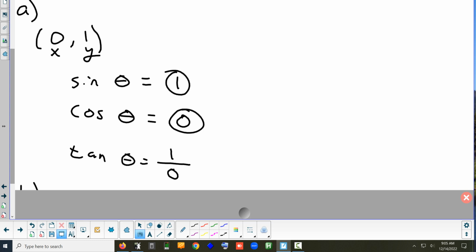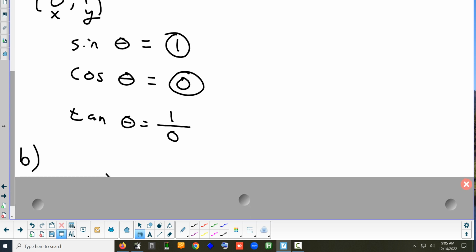Okay. And what is 1 divided by 0? Not a number, infinity. It's undefined, right? You can't divide by 0. So this one, we would just write undefined. And on the test, you could just write out the word undefined, or you could abbreviate it as UNDEF. Okay. Now let's do the next 3.